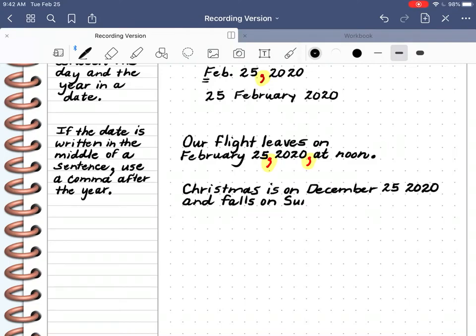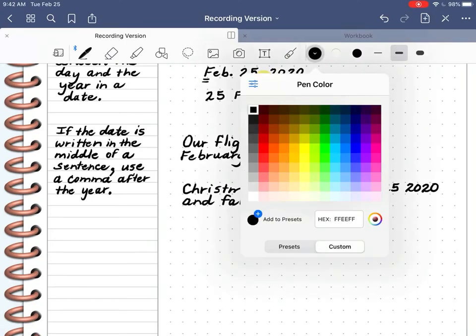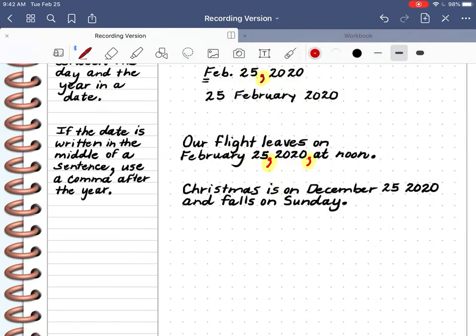And I have no idea if this is true. I should have looked that up before I made the sentence. Okay, so here we have the date, December 25th, 2020. It's in the middle of the sentence, so we need two commas. December 25, comma, and then a comma after the year.